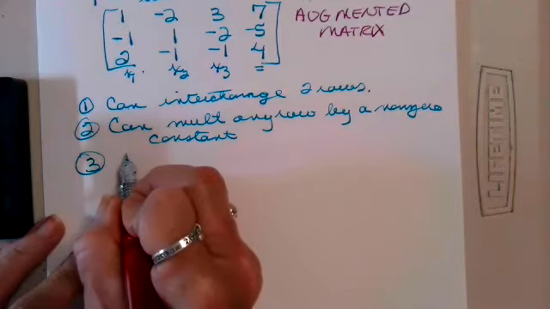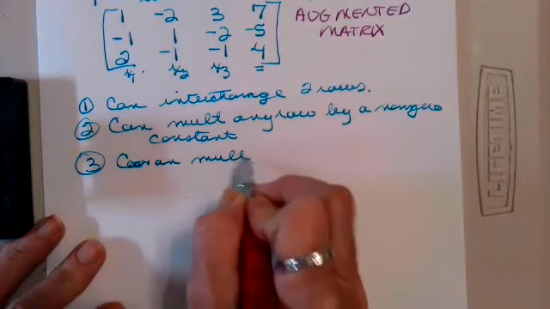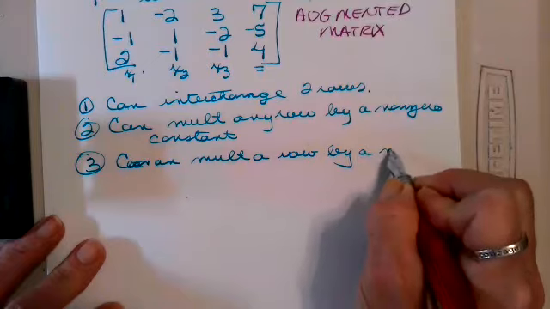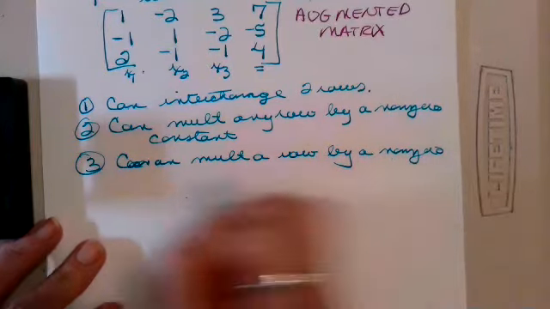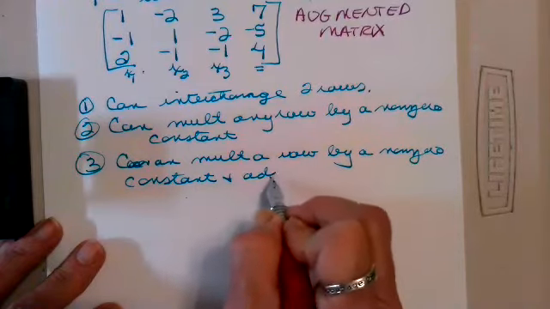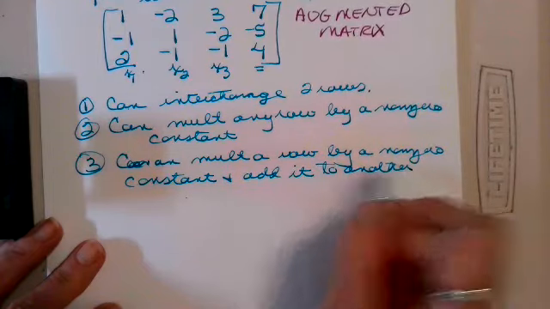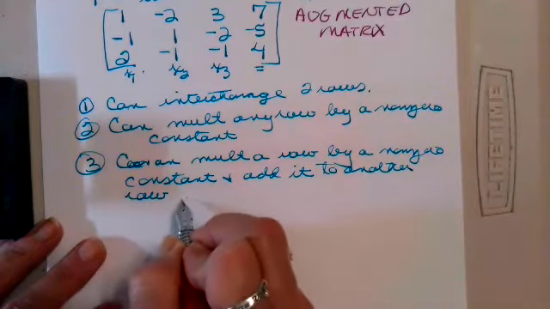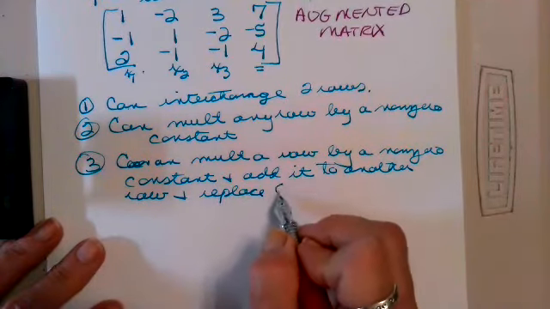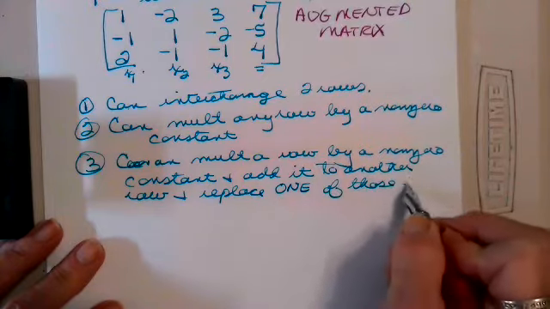We can multiply a row by a non-zero constant and add it to another row and replace one of those rows by the new row.